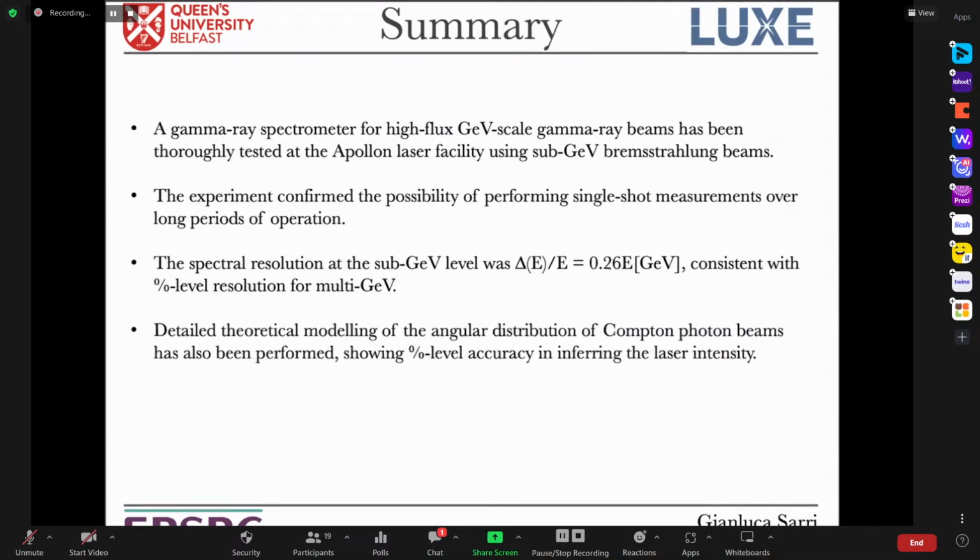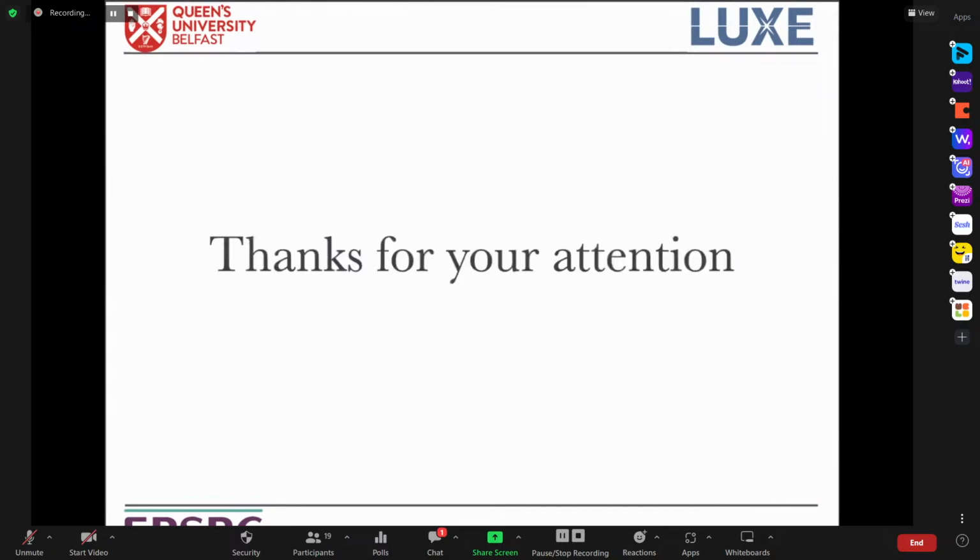The resolution is of the order of 20% at the GeV level, but it's expected to scale strongly with energy. So for a multi-GeV experiment such as LPHYS, this is supposed to go down to a few percent.